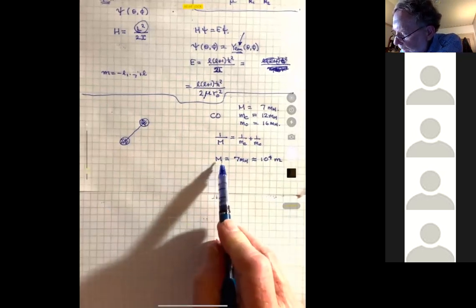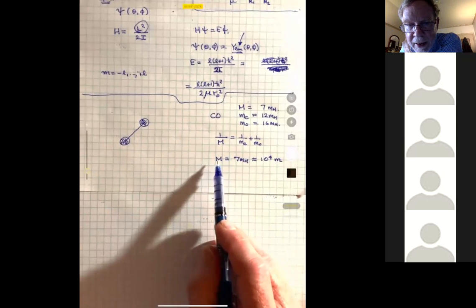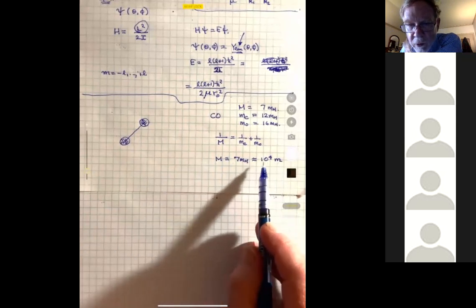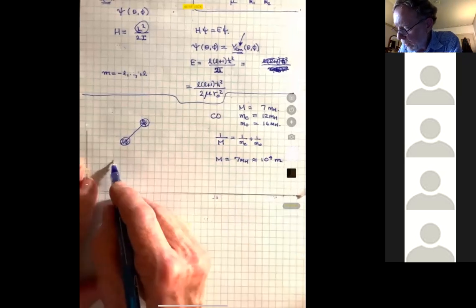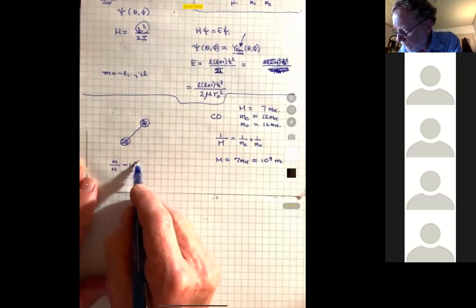I switched to using capital M for the reduced mass rather than the symbol mu that I was using a moment ago, because I want to contrast the reduced mass of the molecule, which is of the order of a nuclear mass, with the small mass of the electron. It's a ratio of 10 to the 4th. Big and small masses, that's the idea. So little m over capital M here is about 10 to the minus 4.